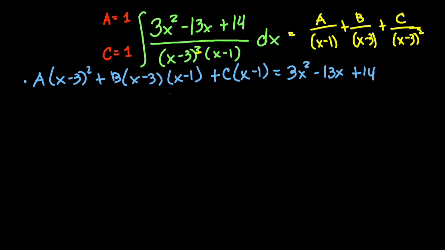Now, we cannot use the factor of x minus 3 raised to the power of 2 because that is not possible in our case. And so, what we're going to actually do here is to use the values of a and c. Since we already have values of a and c here, we only need to substitute a value of x in order to get b here.